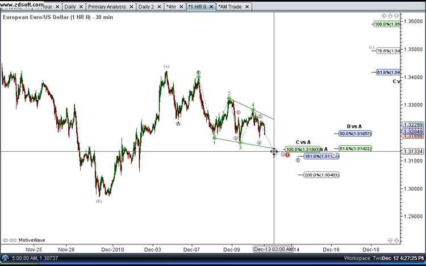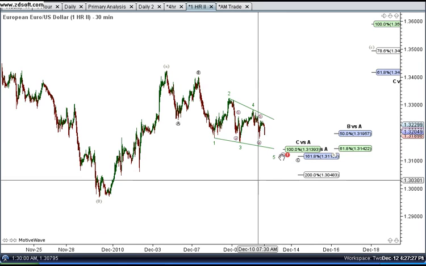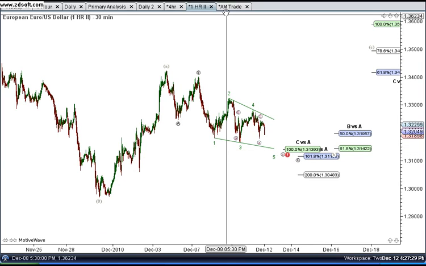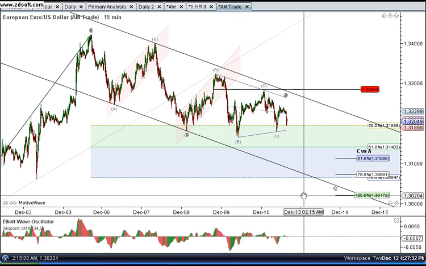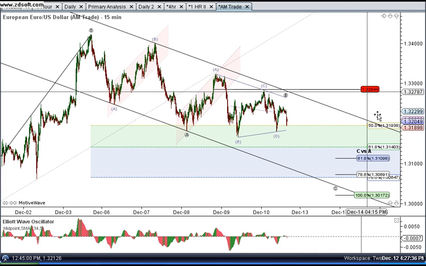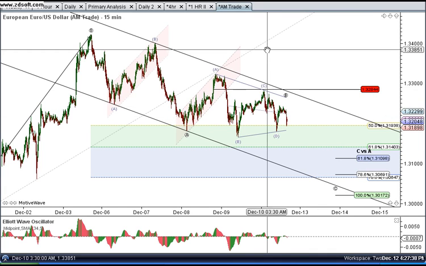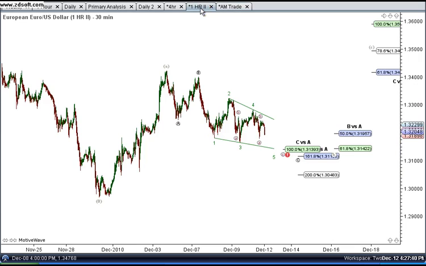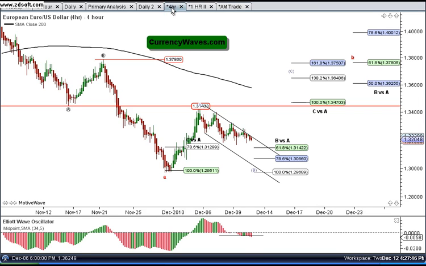I'm just trying to see if that would warn us. So 3140 to 3017, and then a break above this trend line, I would say we're done, but I'm going to be warning subscribers a little earlier than that.